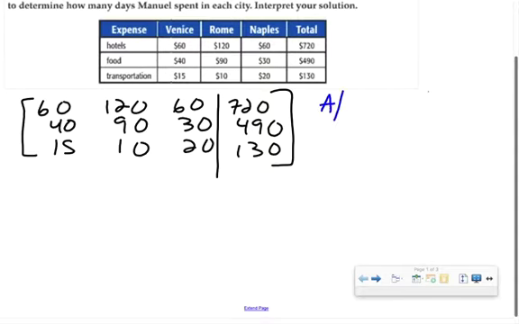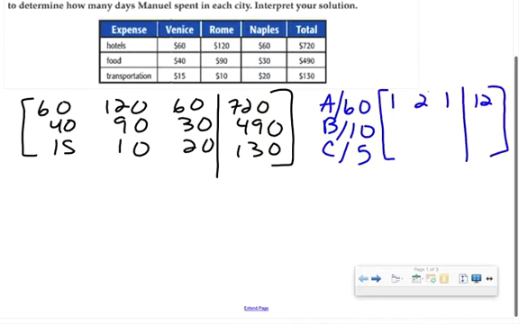So we're going to take A and divide it by 60, B and divide it by 10, C divided by 5. And when I do, I get 1, 2, 1, 12, 4, 9, 3, 49, and 3, 2, 4, 26. So my first row already looks good. I'm going to use it to eliminate the 4 and 3 in rows B and C respectively.